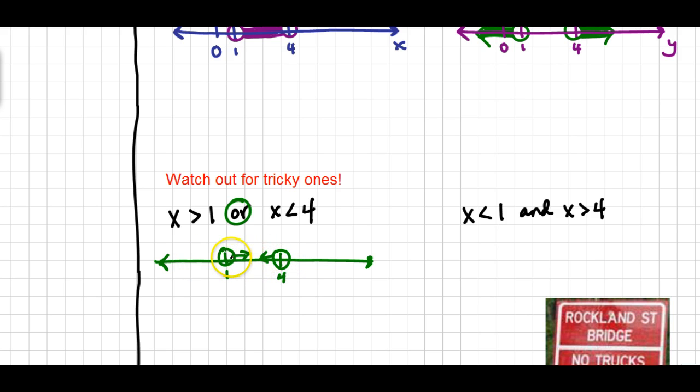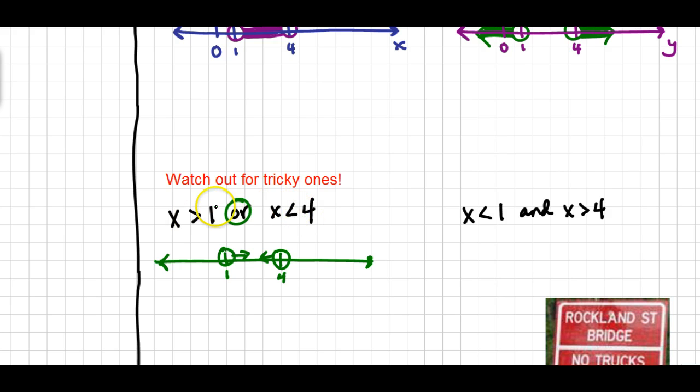and it would again cover over or include the one that should be an open circle from the other inequality. So if you think about this logically, any number you can think of is either greater than 1 or less than 4. There is no number that doesn't work in either one of those. There are numbers that work in both. For example, the number 2 is greater than 1 and at the same time less than 4.